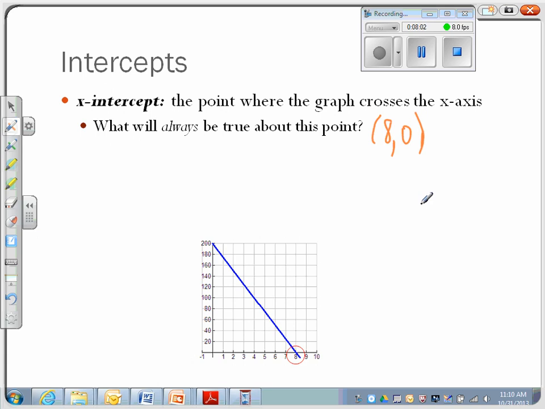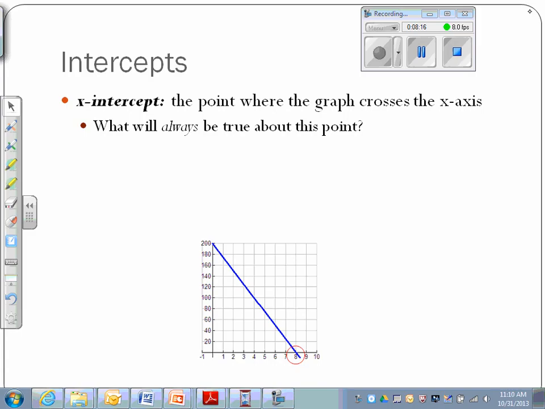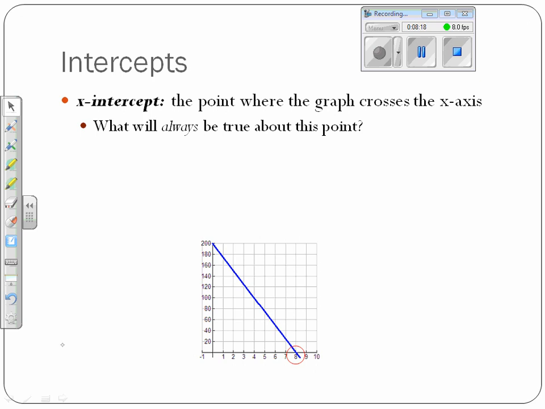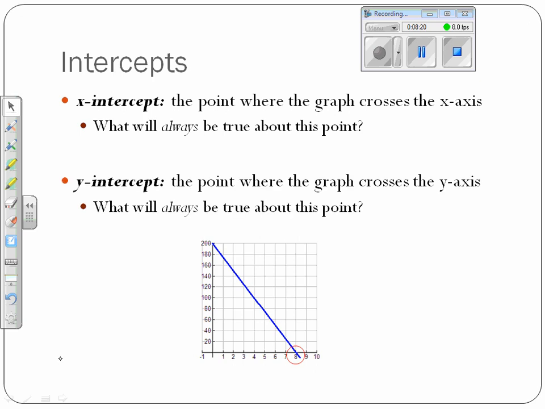Even if it crossed the x-axis at a different place, anywhere that it crosses along the x-axis, what's always true about that point? Well, it's always going to be something, 0. The other type of intercept you'll see is the y-intercept, and this is the point where the graph crosses the y-axis.